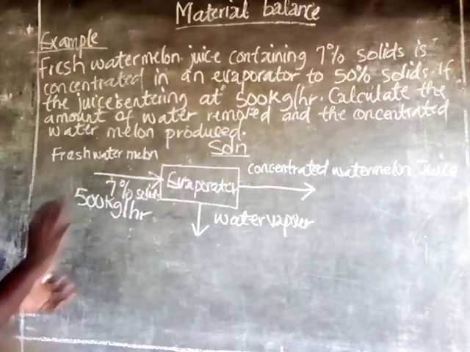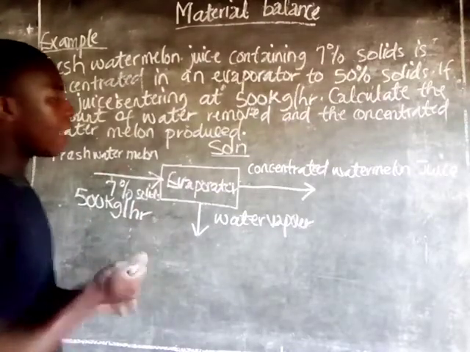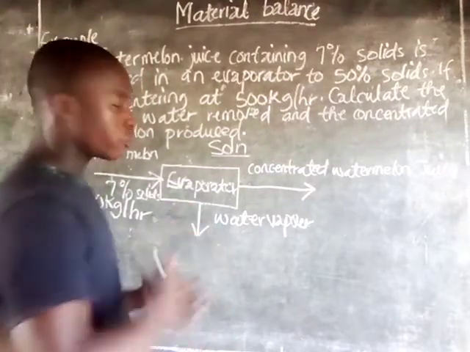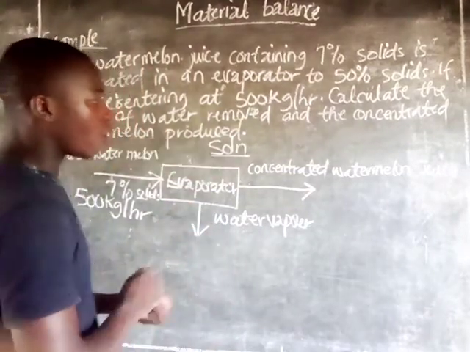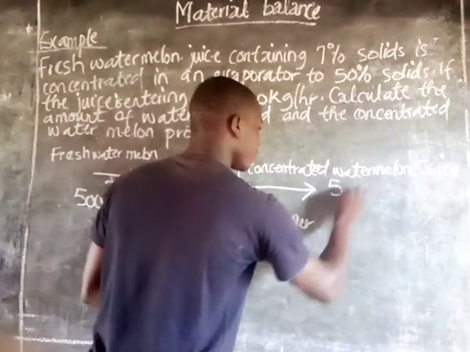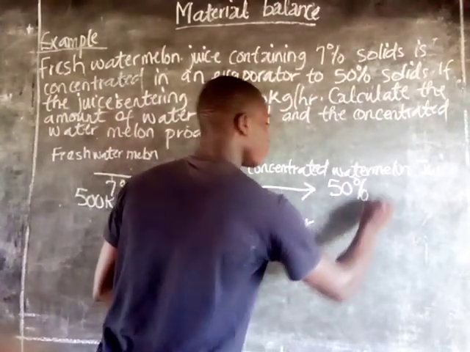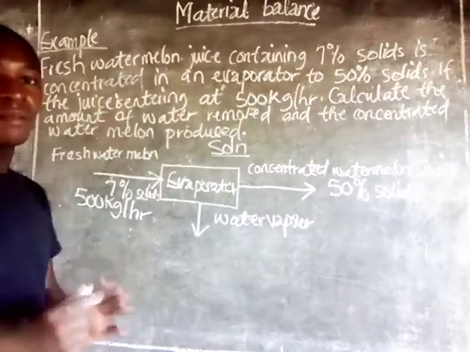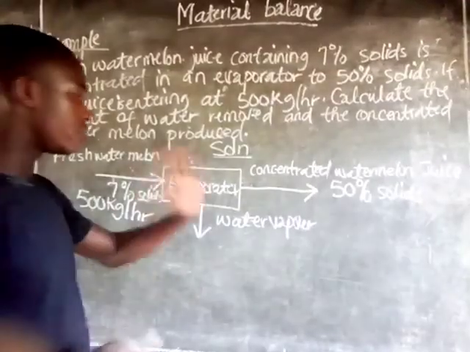And now the concentrated watermelon juice, when it was concentrated in the evaporator, became 50% solid.